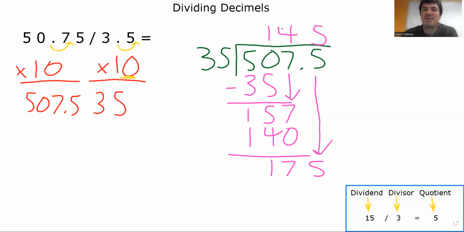Now, don't forget about the decimal. All you need to do is follow the decimal into the right spot. So our final answer for 50.75 divided by 3.5 is 14.5.